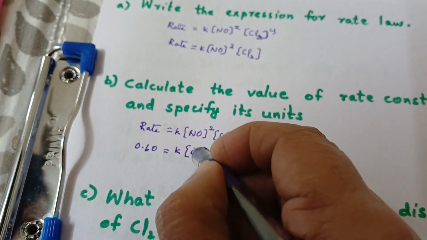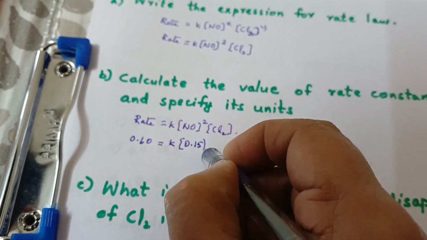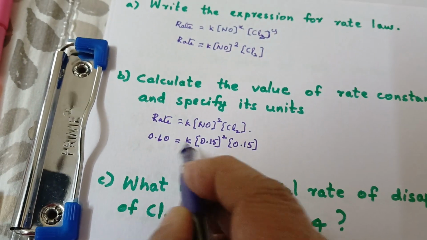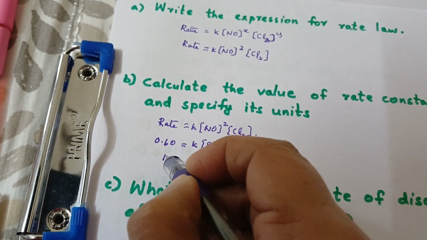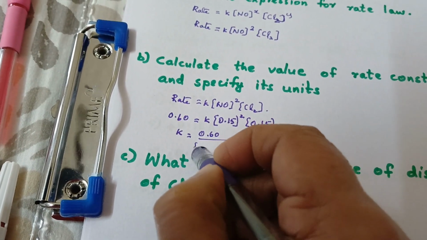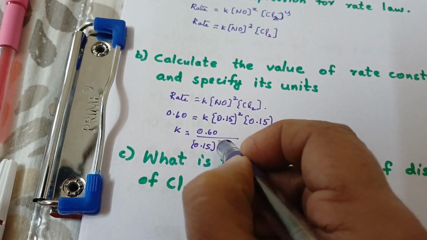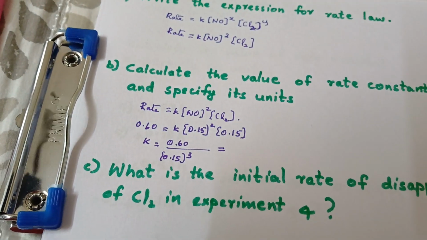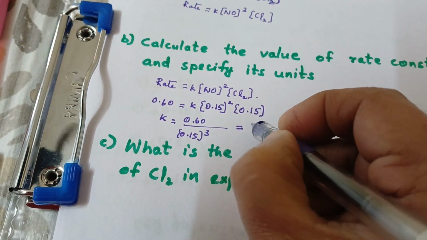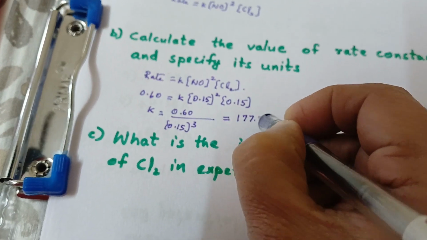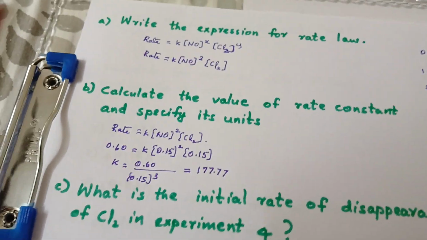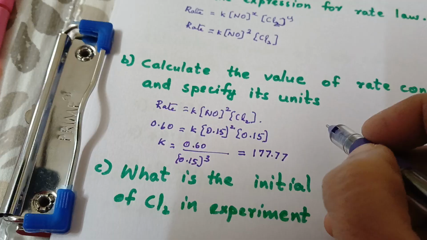So we can write 0.15 raised to 2 into 0.15. On doing this, K equals 0.60 by 0.15 the whole cube. When we do the calculation, we will get the quantity as 177.77.